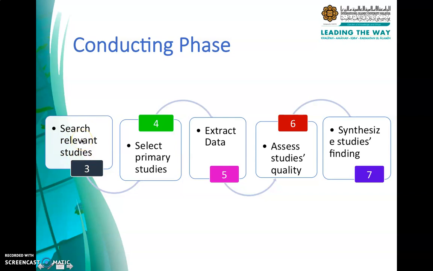Normally we use existing online databases to find relevant studies, and then we have to perform selection, because not all studies that we retrieve from the databases are useful or relevant for our review. Therefore, we have to select, and then based on the studies that we have selected, we perform extraction.